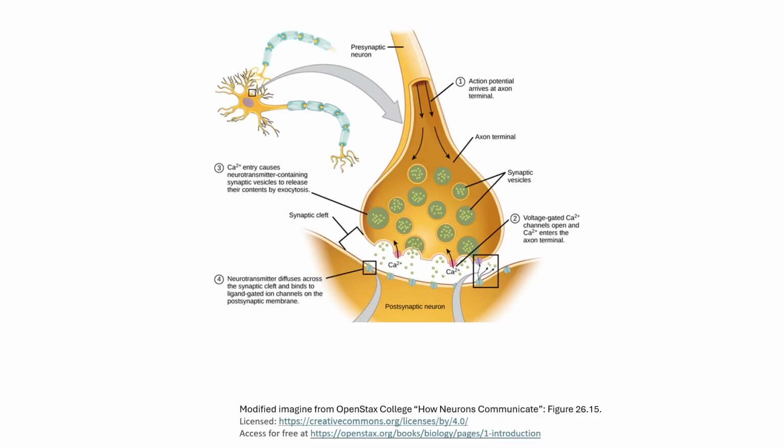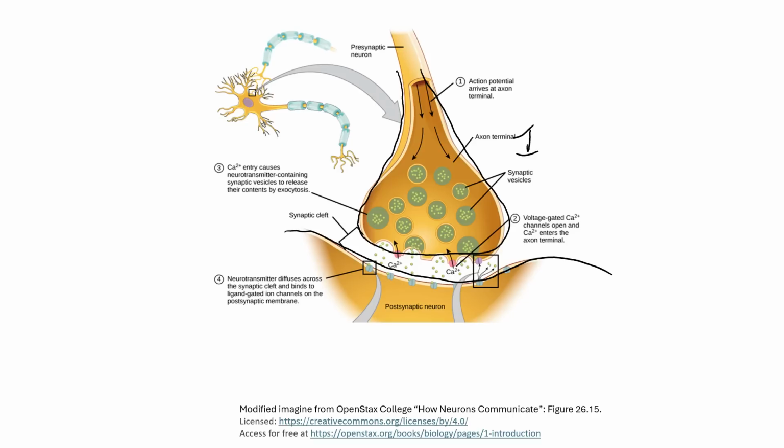So this image is a close-up of one synapse. What you see in the image is one axon terminal button of a presynaptic neuron from the prior image, that would have been neuron number 1, meeting the dendrite, or possibly the cell body, of another neuron.